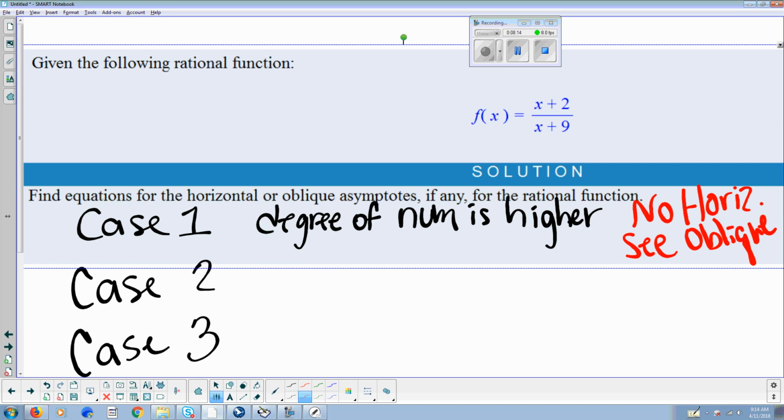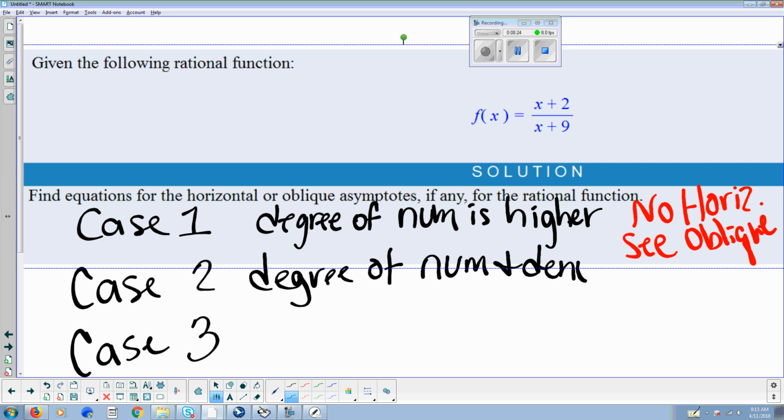Case 2 is when the degree of the numerator and denominator are equal. And in that case, we get a horizontal asymptote at y equals the leading coefficient of the numerator divided by the leading coefficient of the denominator.